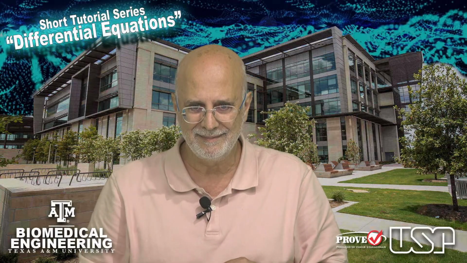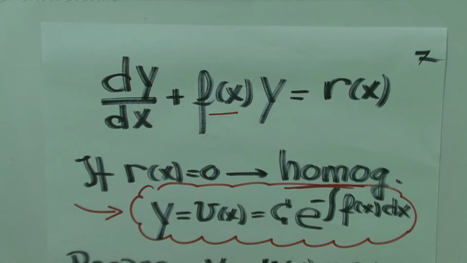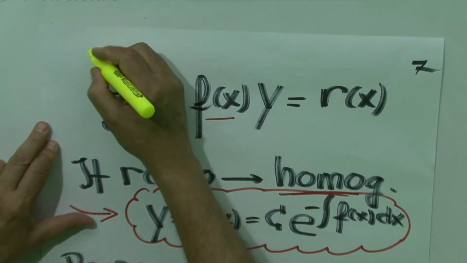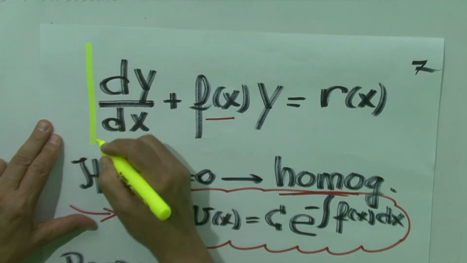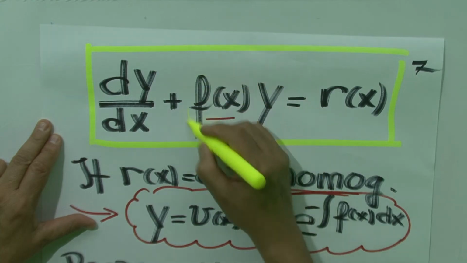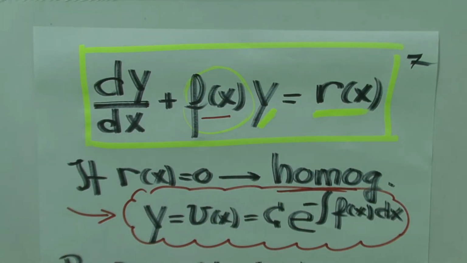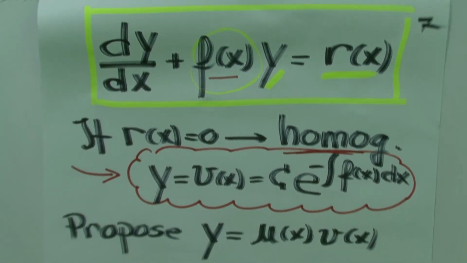Right? Good. So this is the most general equation. It's a first order ordinary differential equation which has the derivative, then a function of x multiplied by y, and an independent term which is another function of x.